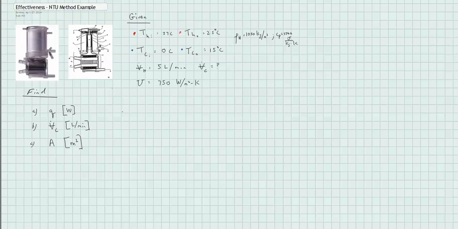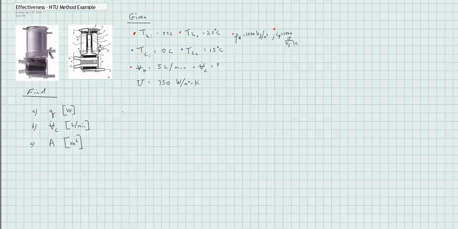The physical properties of blood are shown here and here, both the density and the specific heat. The volumetric flow rate of the blood is also shown. The flow rate, however, of the coolant water is not known.